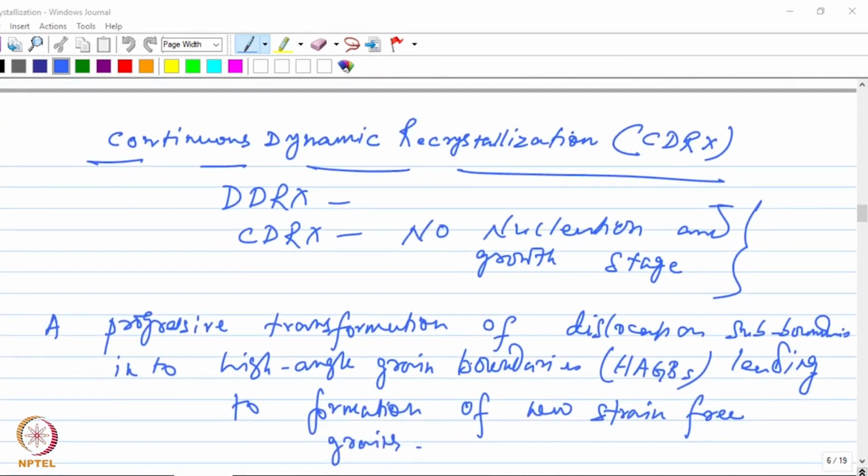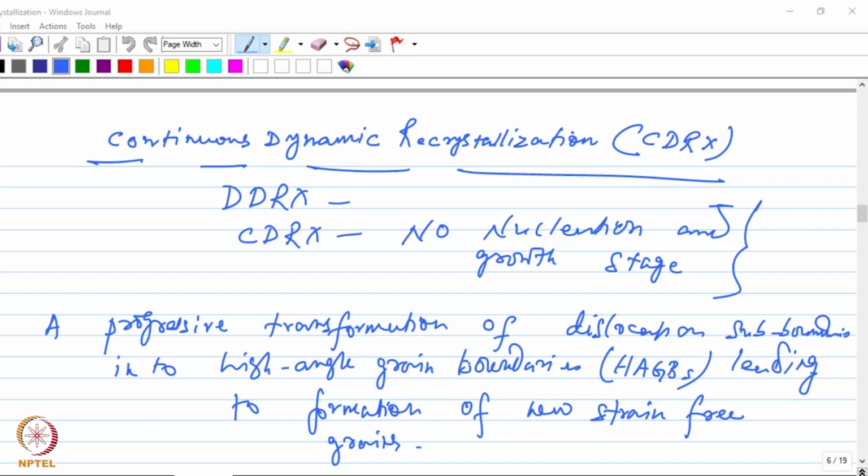CDRX, on the other hand, occurs by a progressive transformation of dislocation subboundaries into high angle boundaries. This process involves accumulation of dislocations along the subgrain boundaries formed by dislocation rearrangement, followed by lattice rotation, leading to an increase in the misorientation across these boundaries and turning them into high angle grain boundaries.